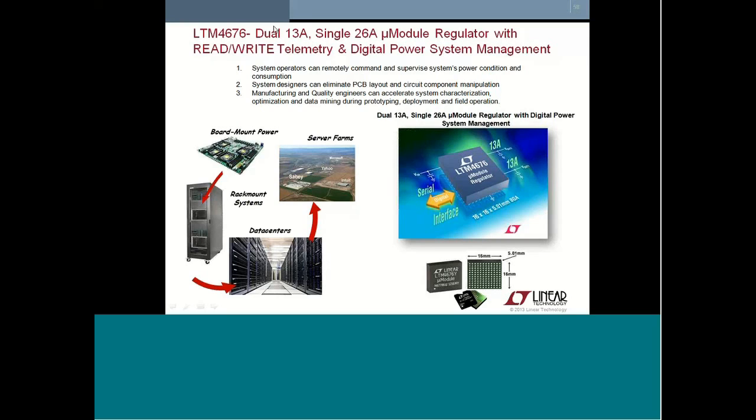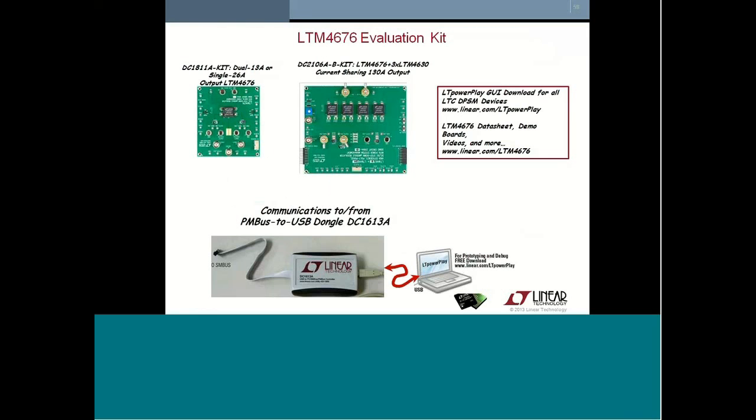From the power standpoint, this is a dual 30 amp or single 26 amp micromodule regulator. If you search for it on our web page, you can find a very interesting demo board available, which is one LTM4676 and three LTM4630 with current sharing up to 130 amps on the output.